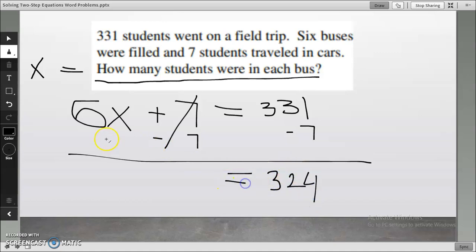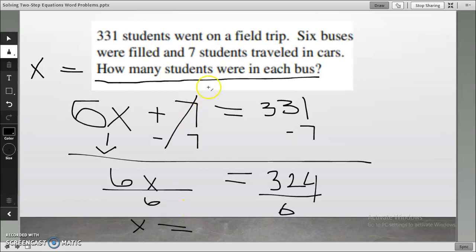Equal sign comes down. 6x comes down. Next, according to order of operations, I divide both sides by 6. And I get x is equal to 54. So x, how many students were in each bus? 54 students were in each bus, because that's what my x is equal to.